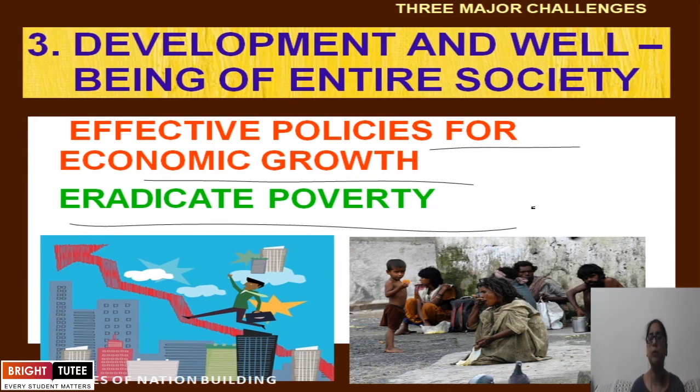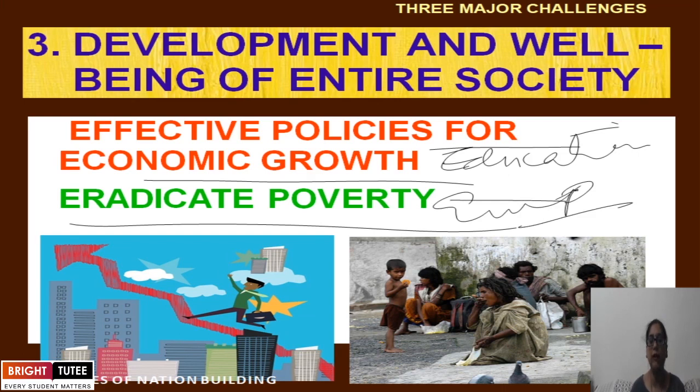We are the most populous country, and effective policies for economic growth mean giving people education and employment. That means people should have work, people should have skills to work. So these policies were made by the government, and they wanted to remove poverty from India, but it is still a big problem in a country like India.